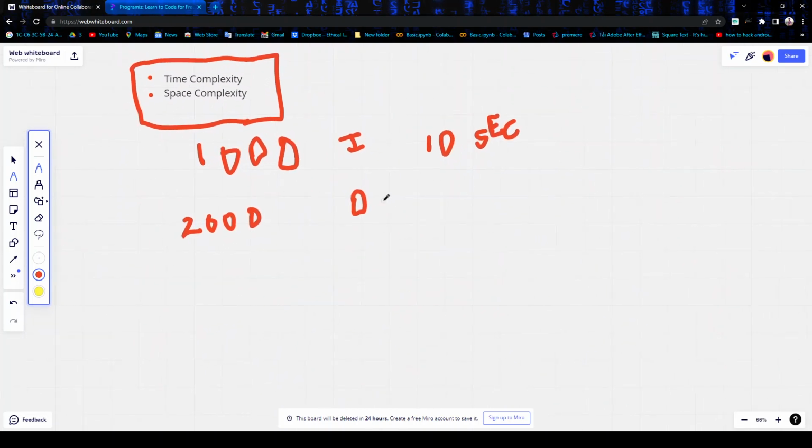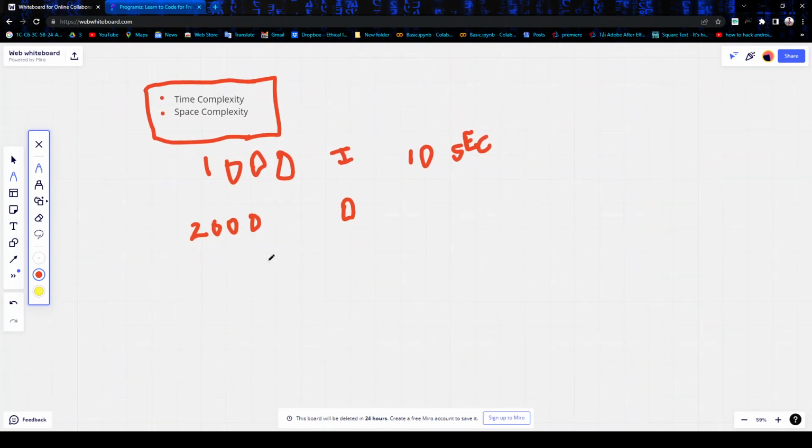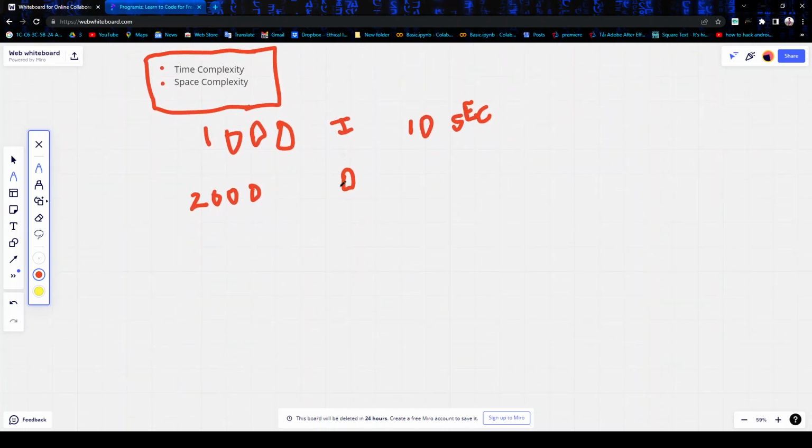Now what if a situation comes where the whole world is using our application, and the same application will be receiving inputs from the whole world? So what will be the number of inputs? Firstly we had three zeros, and I will increase the number of inputs. This was three zeros, now I am increasing it to 4, 5, 6 and 7. Let's say we have increased it to 1 crore.